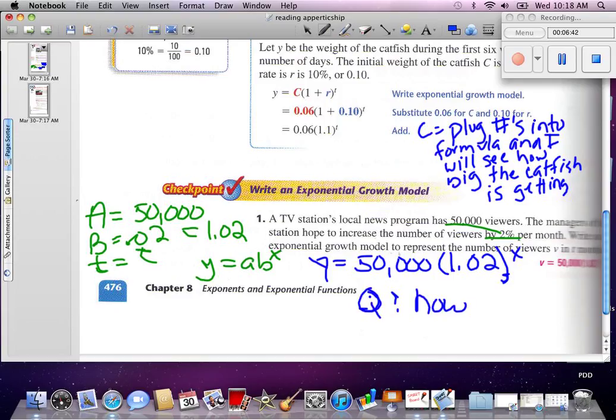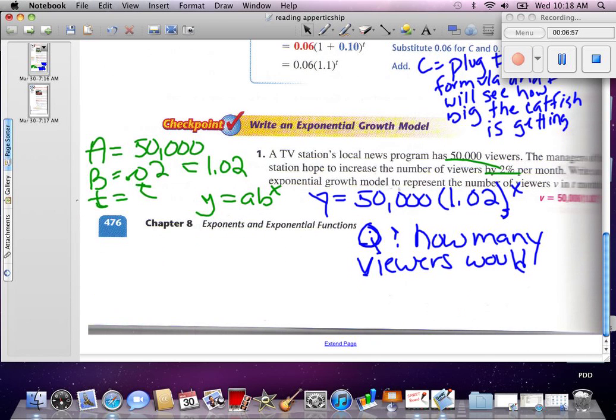How many viewers would there be in 6 months?